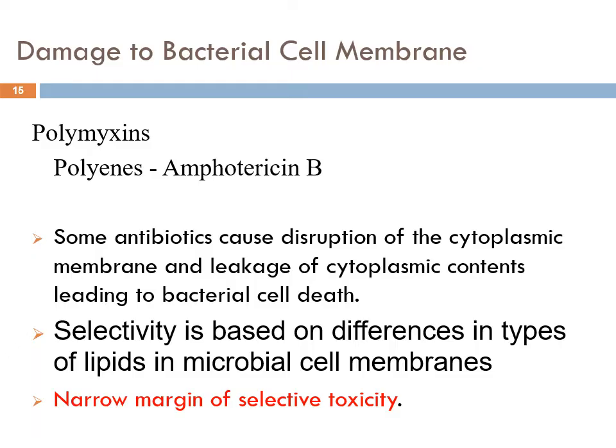However, selectivity here is based on differences in types of lipids in the microbial cell membrane, and there is usually a narrow margin of selective toxicity. An example is the polyenes like amphotericin B.